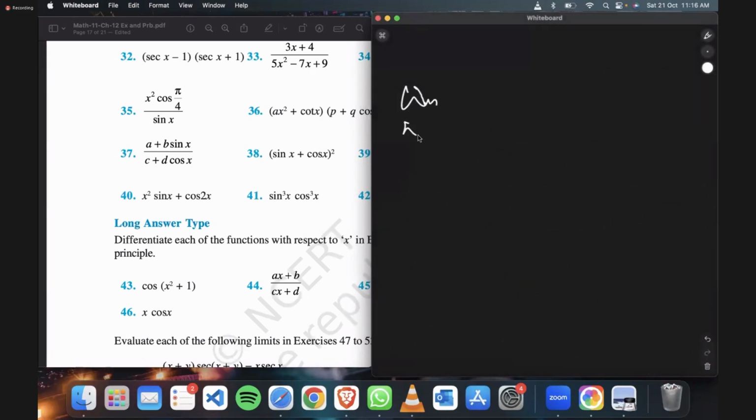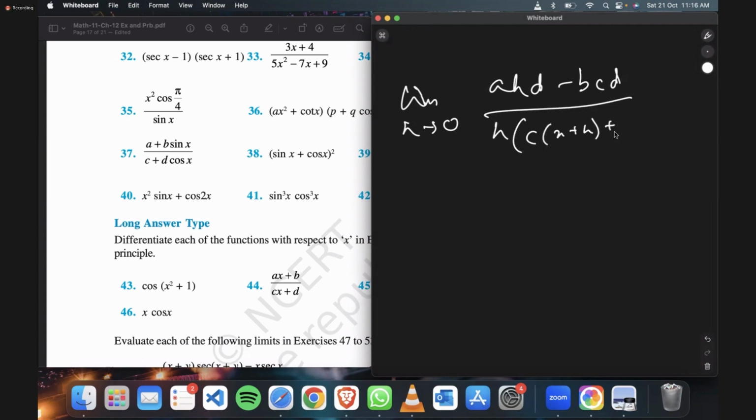I'm left with limit h tends to 0 of ahd minus bch, whole divided by h times c times x plus h plus d times cx plus d. If I put the limit equal to 0, it's going to be an infinity form.